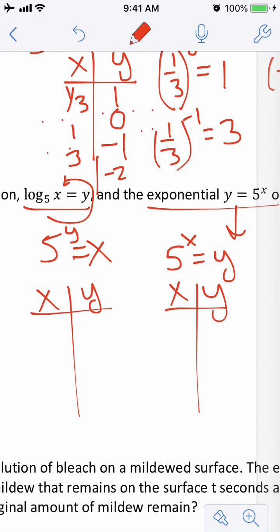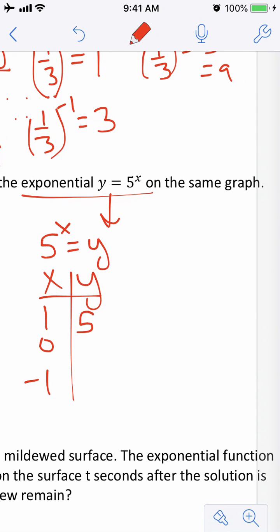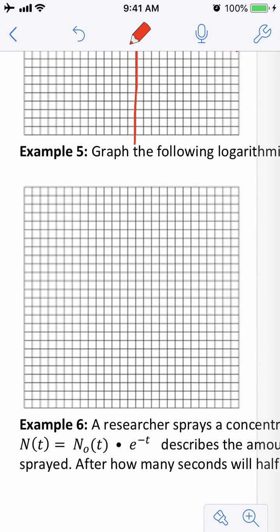Just like we would any other graph. 1, 0, negative 1. 5 to the first, that's 5. 5 to the 0, that's 1. 5 to the negative first, that's 1/5. Cool. Let's go ahead and graph that.